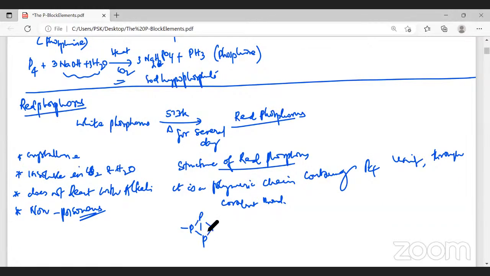So this is nothing but white phosphorus. Now, when this white phosphorus combines with other phosphorus atoms, the chain keeps on building. So it becomes a polymeric chain. This chain goes on increasing. This will be the structure of red phosphorus. I hope you understood. So red phosphorus is a polymeric chain of white phosphorus units.